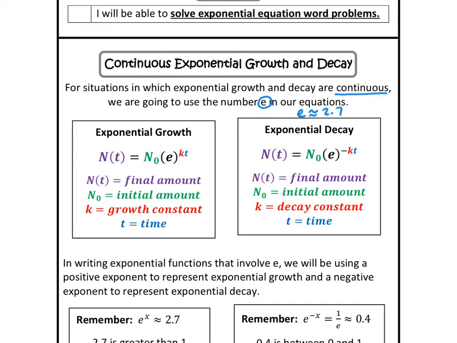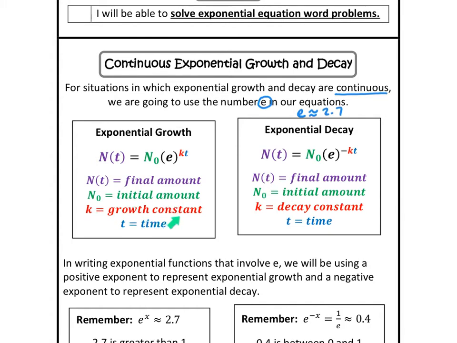If we look at these equations, we have growth on the left and decay on the right, and we have the representations of the variables here. N of t is the final amount, N0 is the initial amount. Some textbooks call this, in math we call this N naught, but you can call it N0. It doesn't matter to me as long as you understand what that symbol represents.